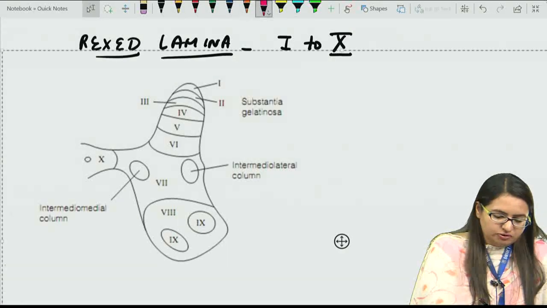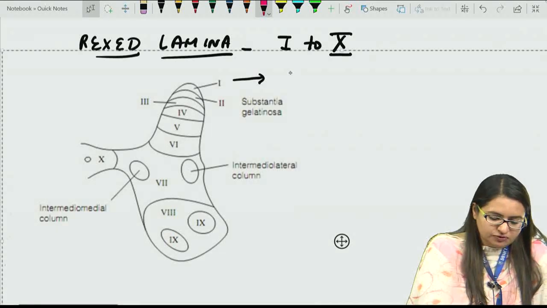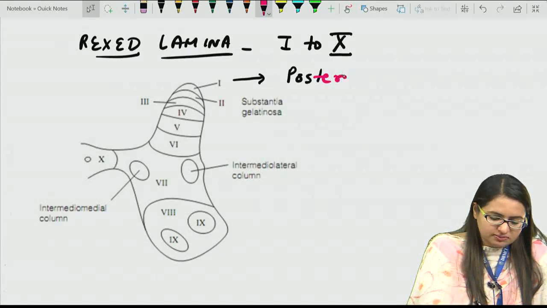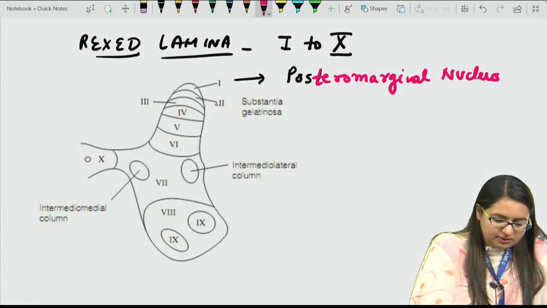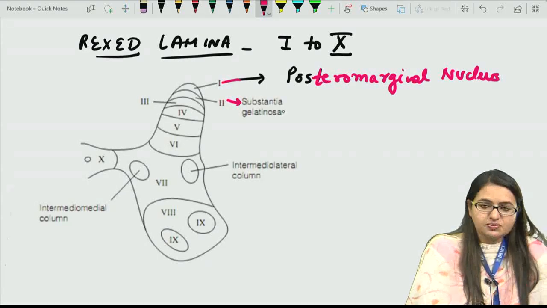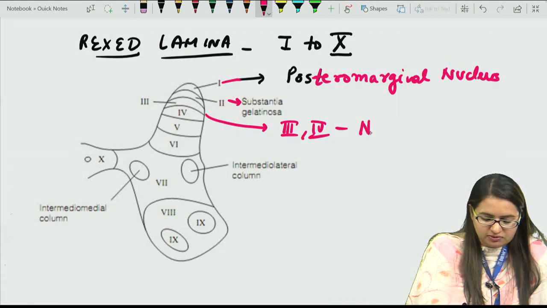The first is for the posterior marginal nucleus. The second is for the substantia gelatinosa. Then third and fourth, and the fourth is for nucleus proprius.